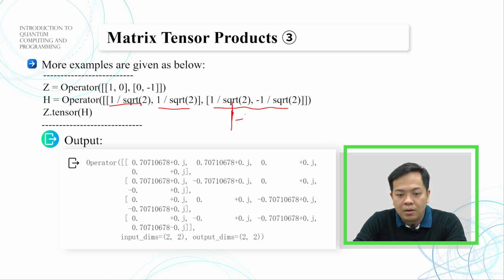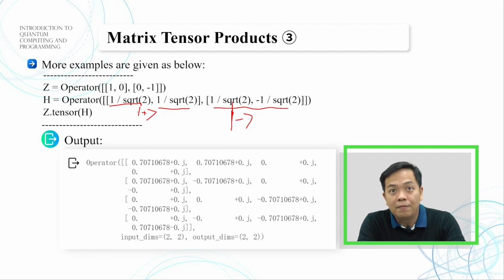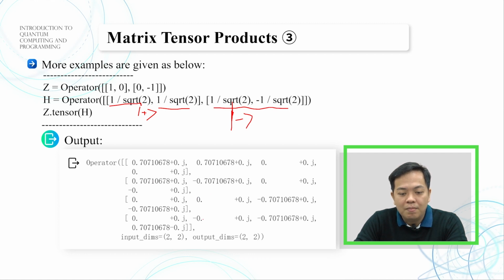Remember this part. So we have a positive and we have a negative, and we make tensor products for the two vectors, and this is the result. This result looks a little bit complicated, but it's the same two dimension, the same dimension. Only the values in decimal are different.